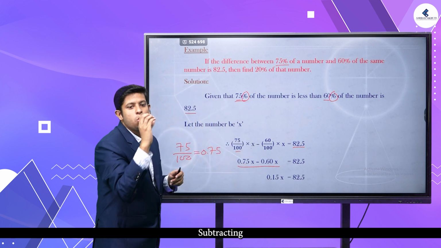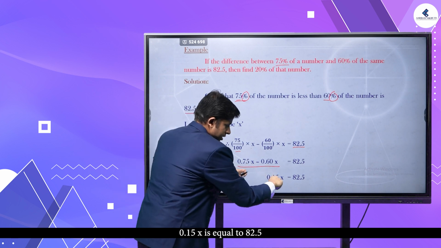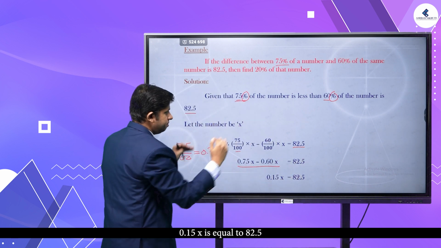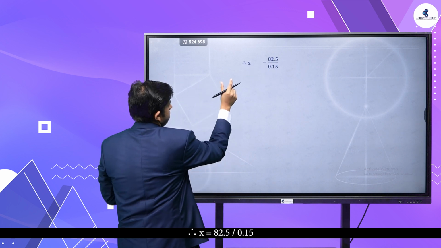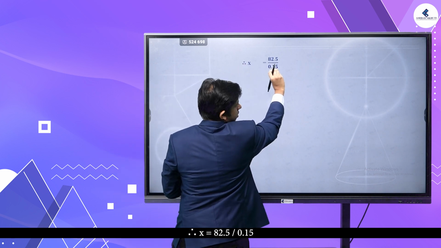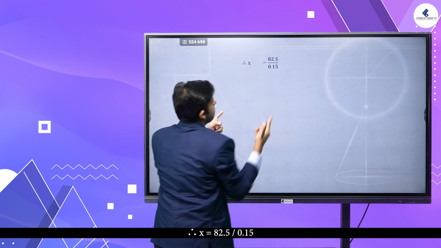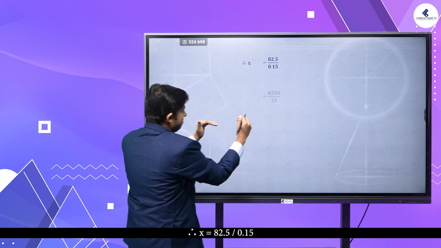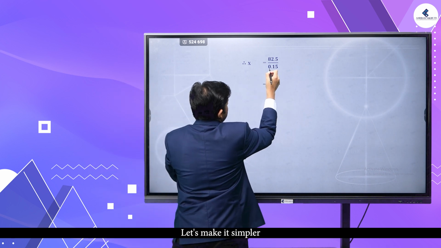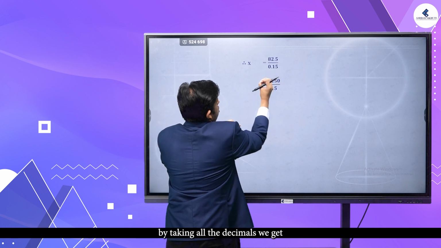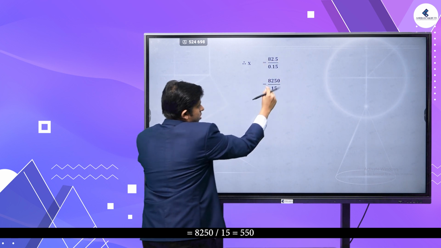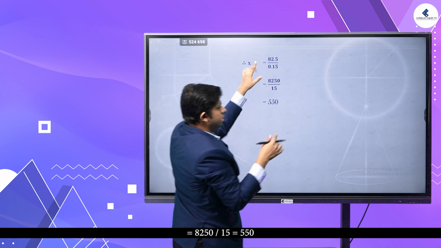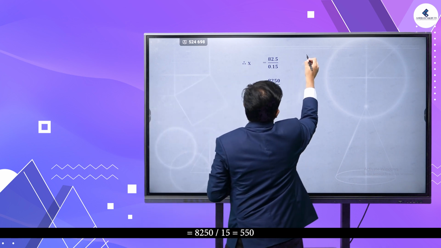Subtracting, 0.15x is equal to 82.5. x is equal to 82.5 by 0.15. Let's make it simpler. By taking out the decimals, we get 8250 by 15. 15 times 550 is 8250.